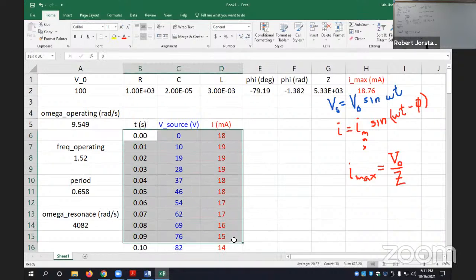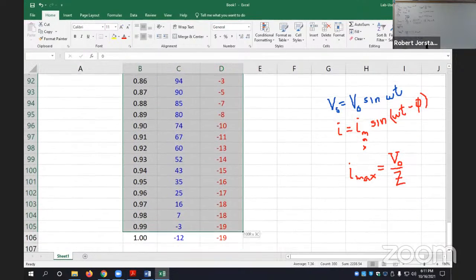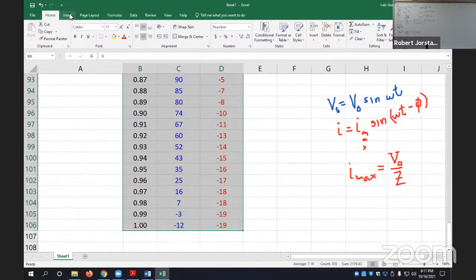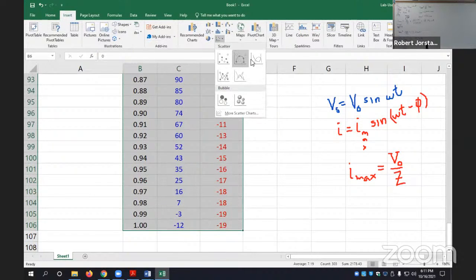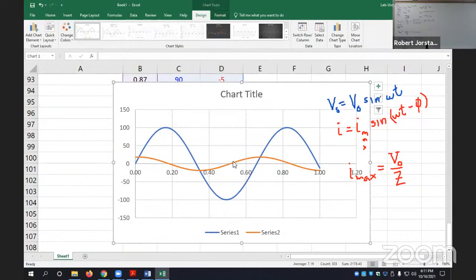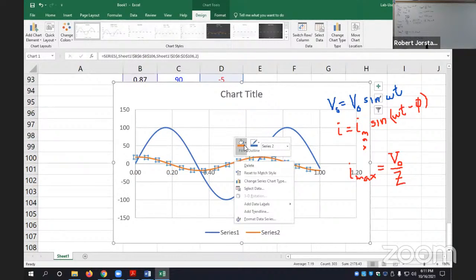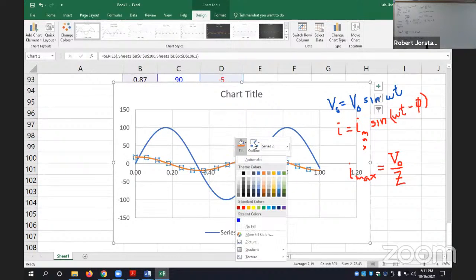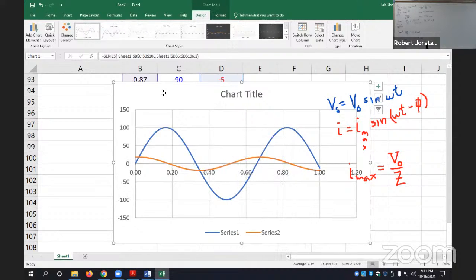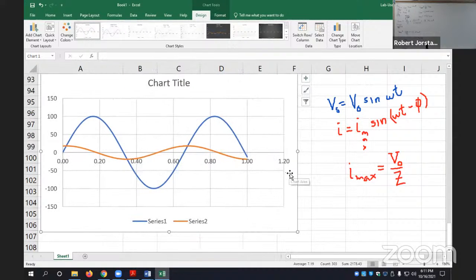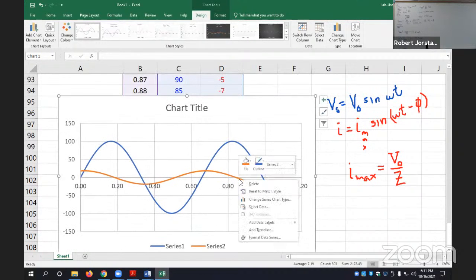All right, and now what I could do is make this plot. Let's just do solid curves here, and let's make these colors match. Let me do this. What was series 2? Series 2 is the second one.